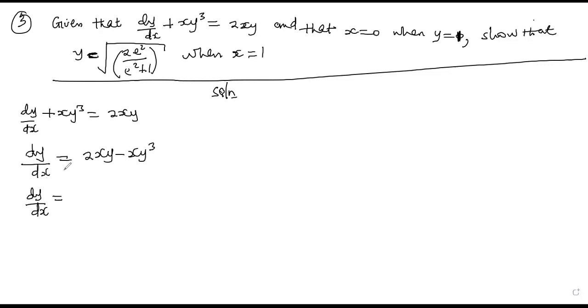If I start separating variables, we can factorize out xy being common, so I will say xy into 2 minus y squared.